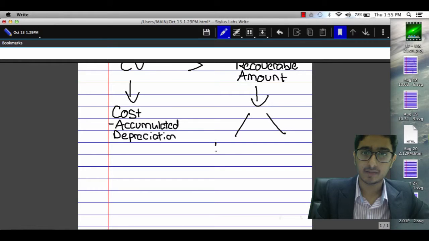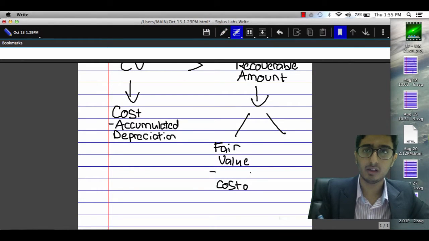One is the fair value minus cost of disposal, or you can say cost to sell. And the other one is what we call value in use.